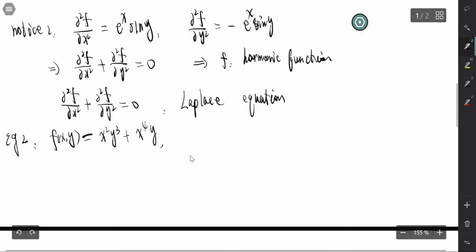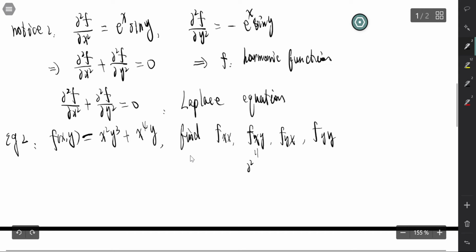Find the partial derivatives f_xx, f_xy, f_yx, and f_yy. f_xy means take the derivative with respect to x first, and then with respect to y.